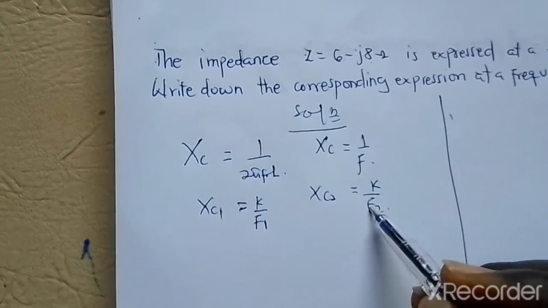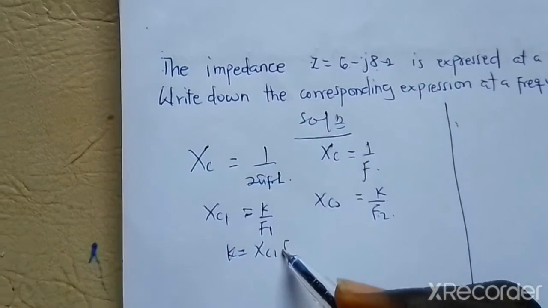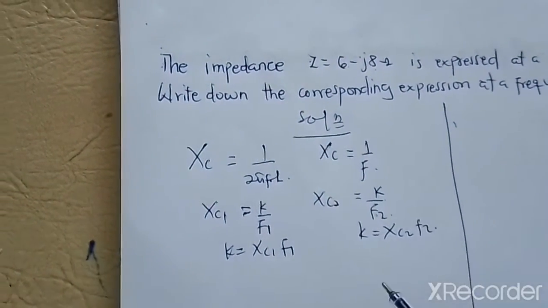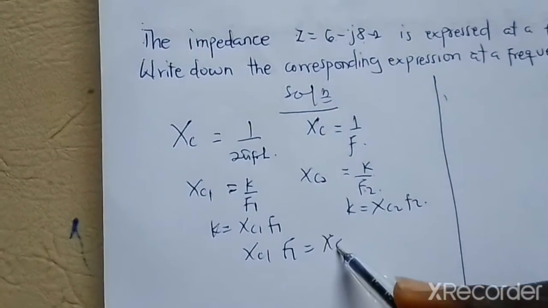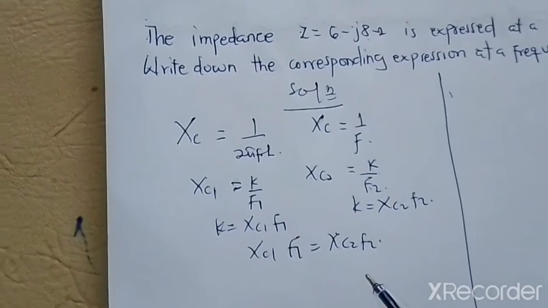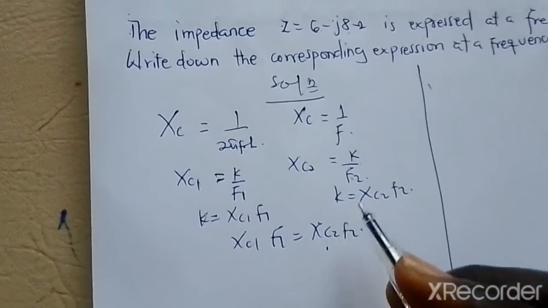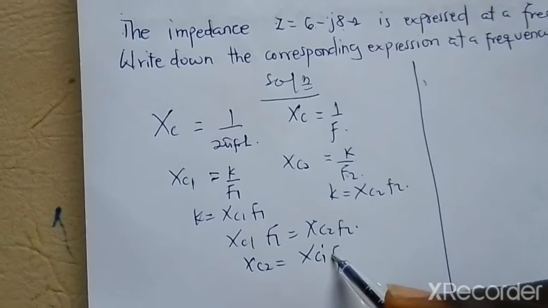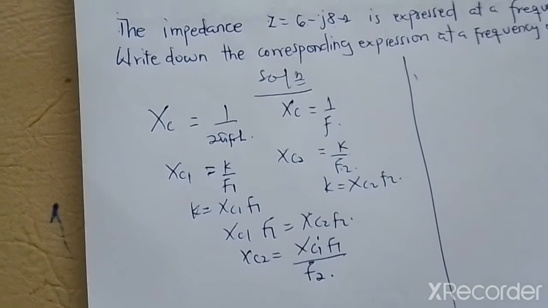From here K is equal to XC1 F1, and here K is equal to XC2 F2. So XC1 F1 is equal to XC2 F2, but I need the value for XC2, that will be my final capacitive reactance. So my XC2 will be equal to XC1 F1 over F2.